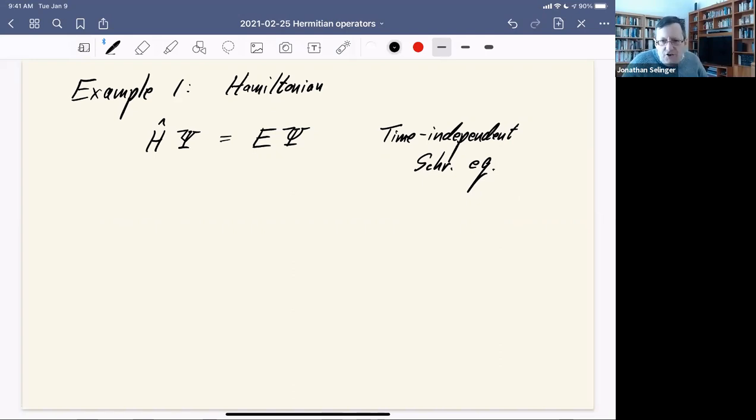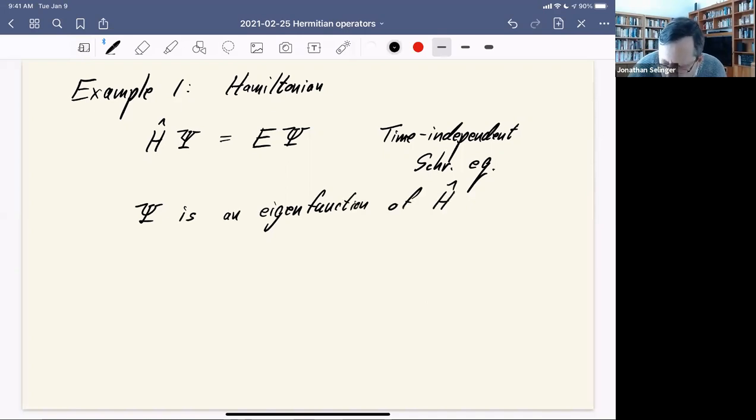It's also expressing something special about the wave function and the Hamiltonian operator. It is expressing that psi is an eigenfunction of the Hamiltonian with eigenvalue E.